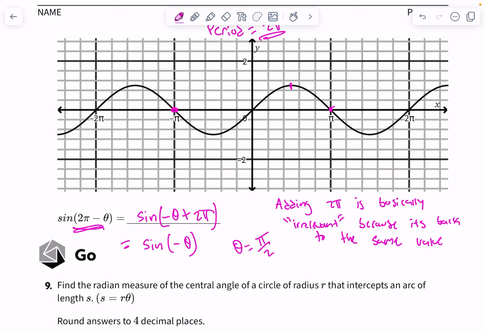Then I get sine of negative pi over 2, so negative pi over 2 is right here. What can you see? It's going to be the negative of it. So this is equal to negative sine of pi over 2. So this is equal to just negative sine of theta.